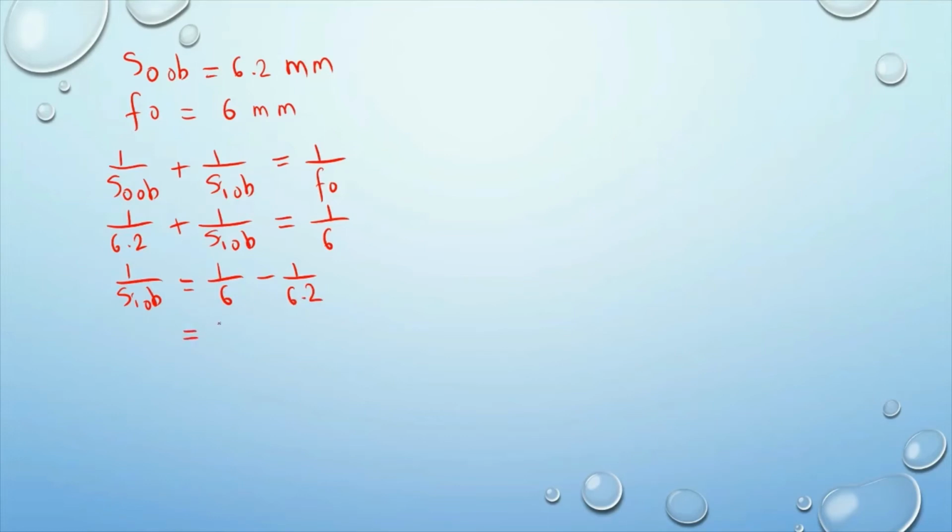The equation will become (3.1 minus 3) over 18.6. This equals 0.1 over 18.6. So, S_IOB equals 18.6 over 0.1, or 186 millimeter.